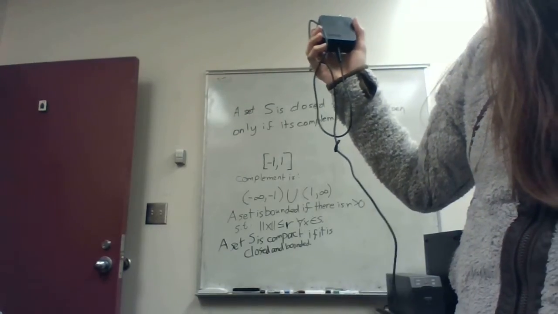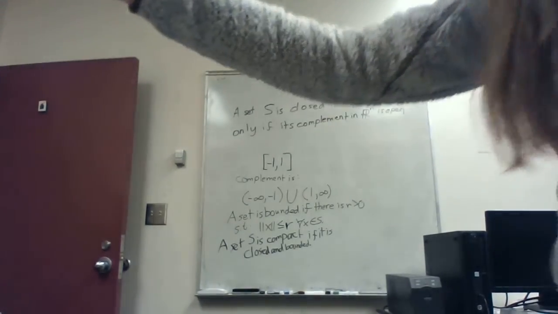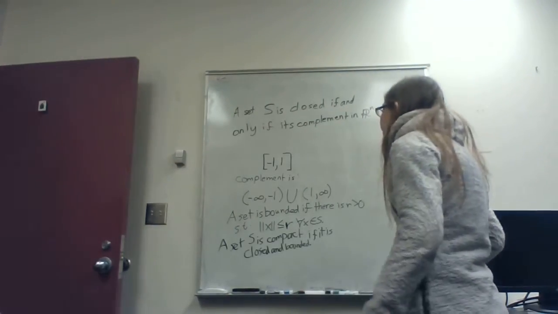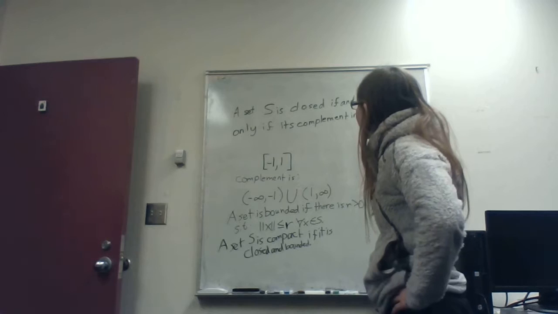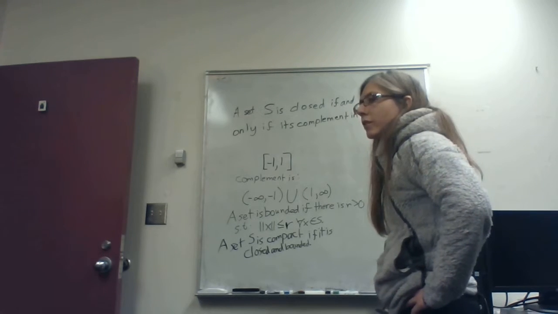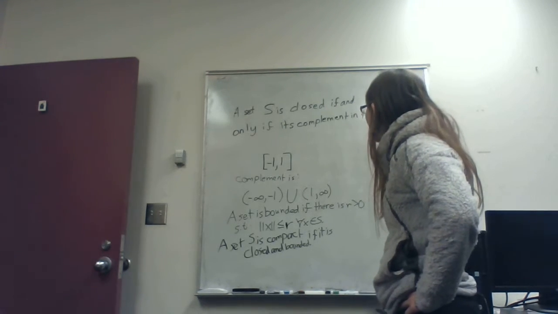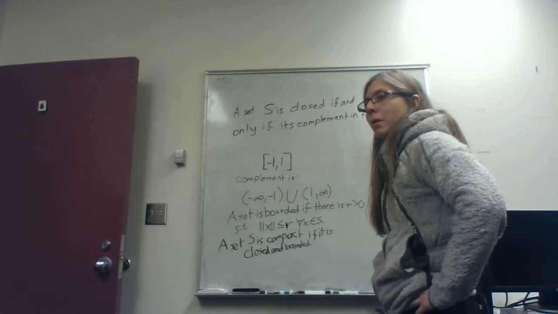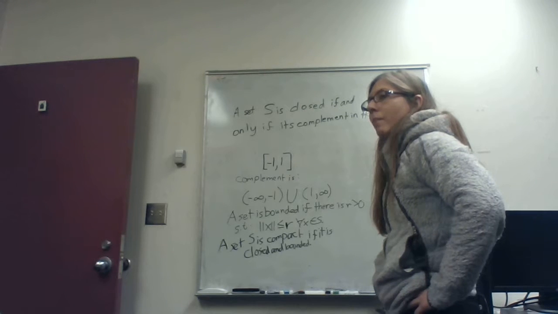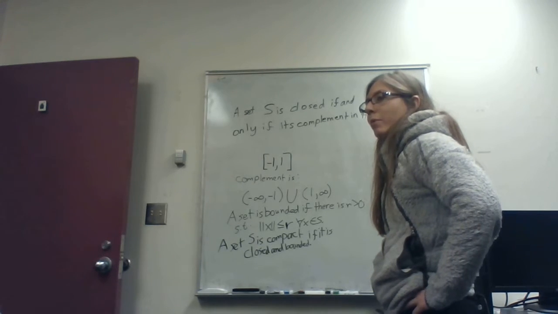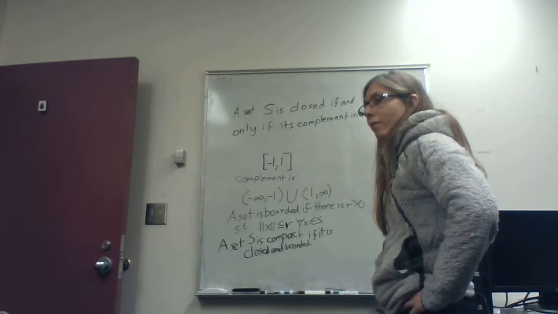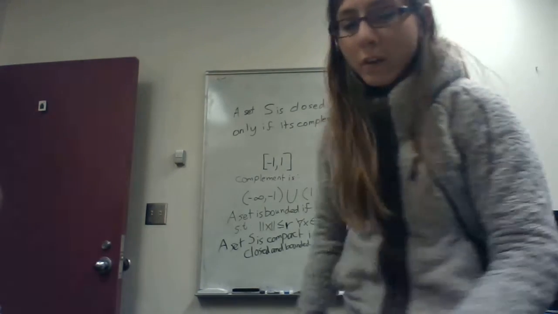I think there are cases where this could happen, because if I really look at these definitions, boundedness and closedness have very different definitions. One is based on whether the complement is open, and one of them is based on whether there's a bound on the norm. So they're not actually about the same thing. I think it must be possible to have some mixing and matching, but I don't know. We'll have to look on Wikipedia.